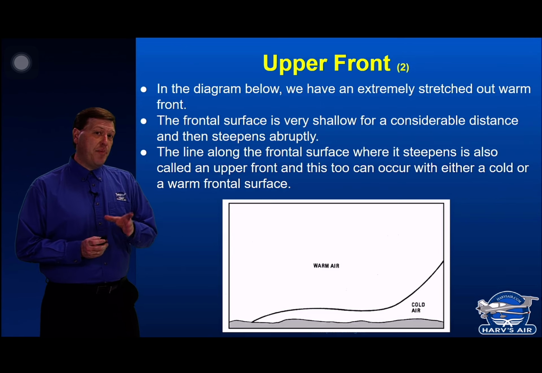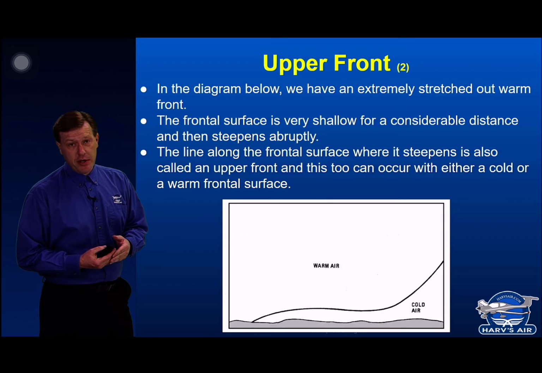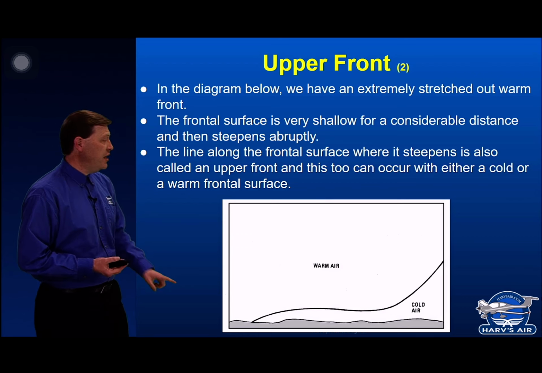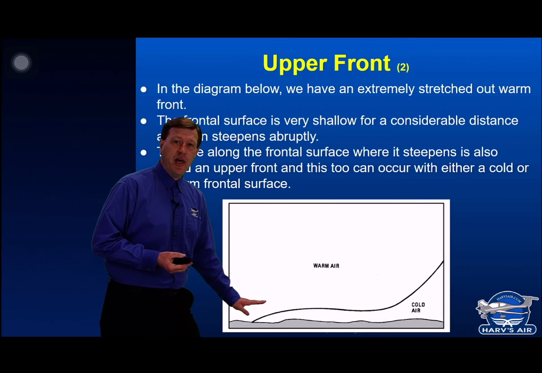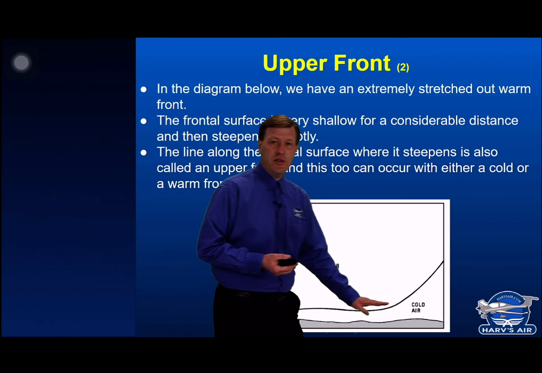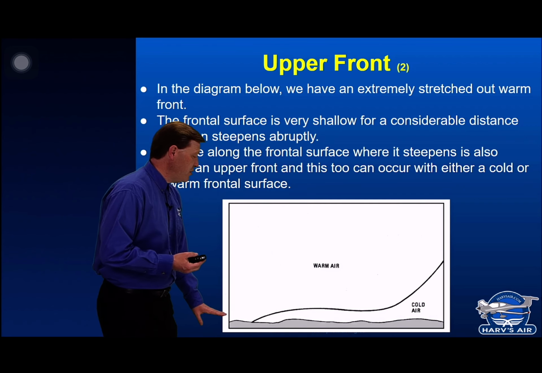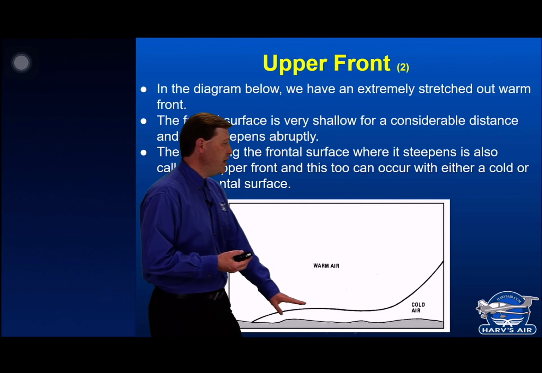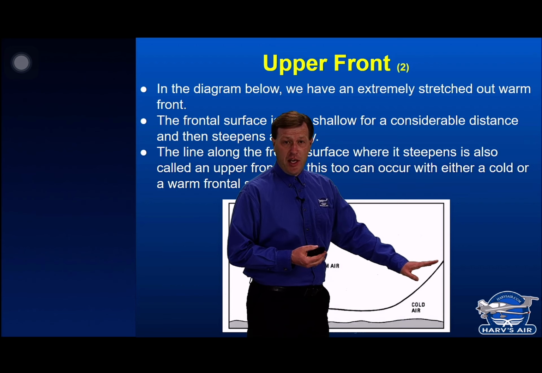Here's another way that an upper warm front could form. I showed you the mountain example earlier. In this case, let's imagine that we have warm air here, and it's going up over top of the cold air that's slowly retreating. Notice though that this has an initial shallow zone, but then over here it suddenly becomes steep again.